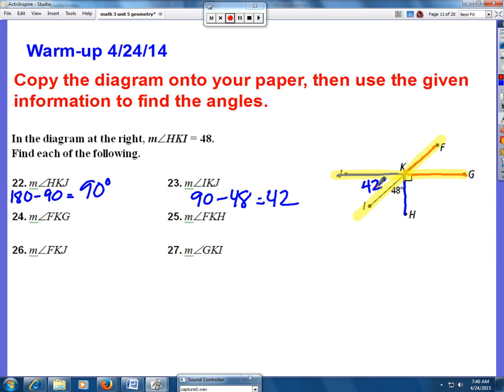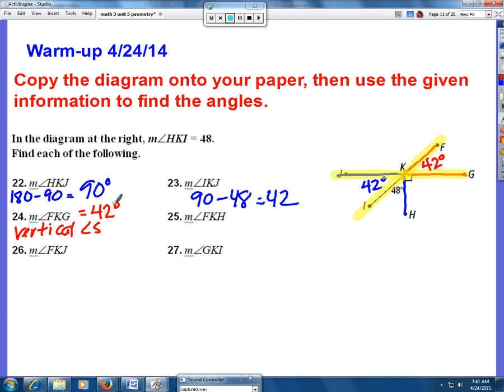And we just learned in the previous lesson that if they're vertical angles, they're congruent, so that one is also 42 degrees. So because these are vertical angles, I can say that FKG is also 42 degrees.